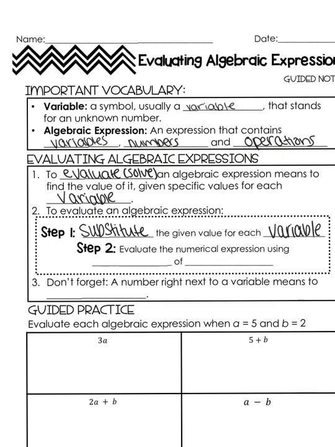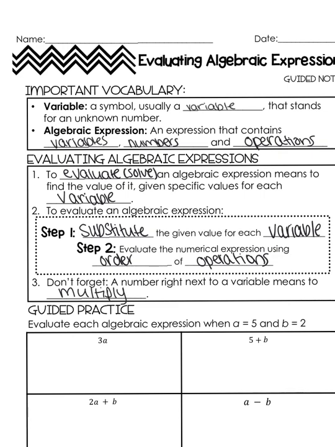And then you evaluate the numerical expression, because now it's numerical, not algebraic, because you got rid of the variable, using order of operations, so just as we've been doing. Important thing is don't forget that a number right next to a variable means to multiply. So just because you don't see the multiplication symbol doesn't mean it's not multiplication.